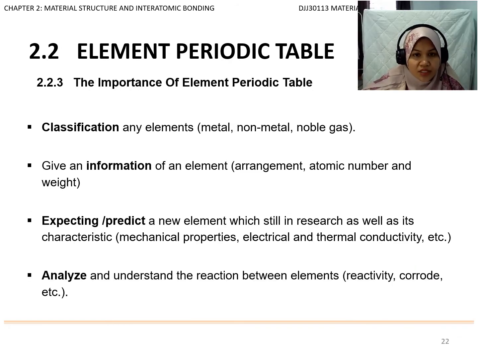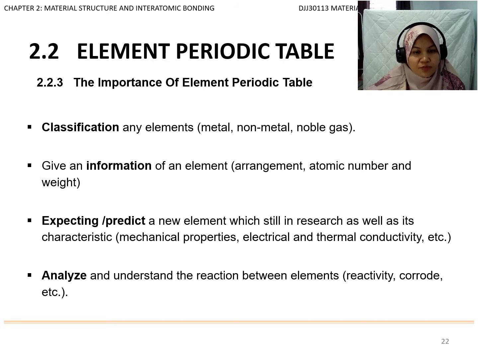So the importance of the element periodic table. Apa yang kamu boleh tahu daripada periodic table ni? The first one is classification of any materials. So kamu tahu ni dia adalah metal, non-metal ataupun noble gas. And then it gives information of an element in terms of arrangement, atomic number and weight.